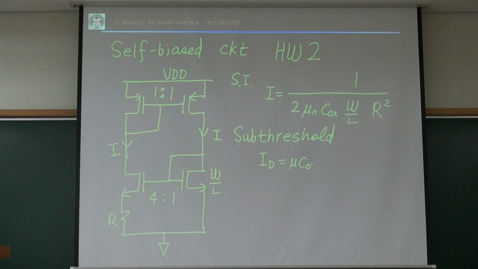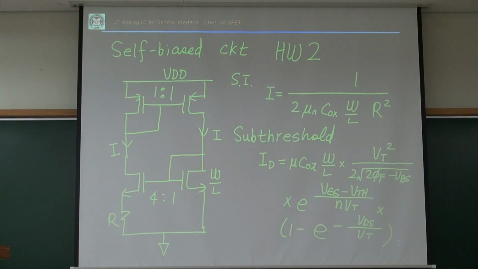Mu Cox W over L 2 square root 2 pi f minus VBS of thermal voltage square, exponential gate source voltage. Something like that, right? This is your subthreshold current equation. So we'll just use this part of the equation.